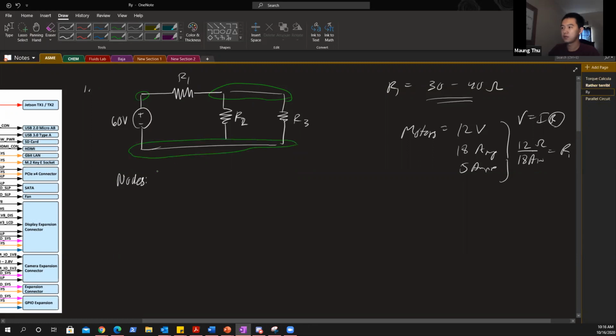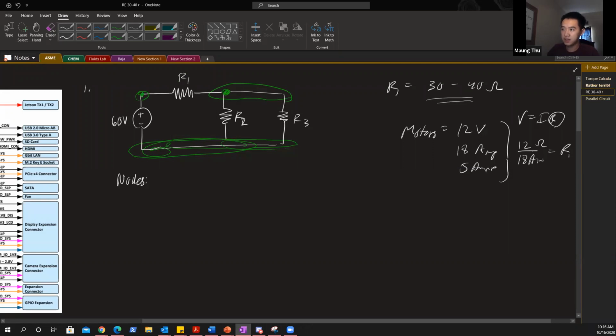You might be asking, what do they all have in common? At all of the points I drew, that's where the electrical components are connected. It's like an intersection, right? They all intersect right here, right here, and right here, like this entire thing. So those are intersections of two or more electrical components.